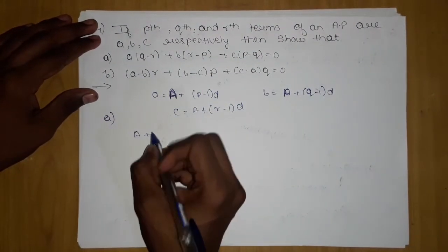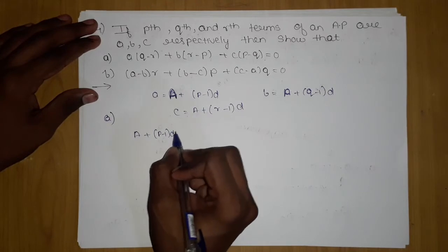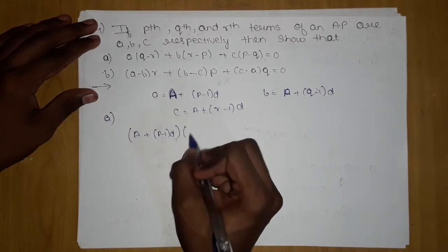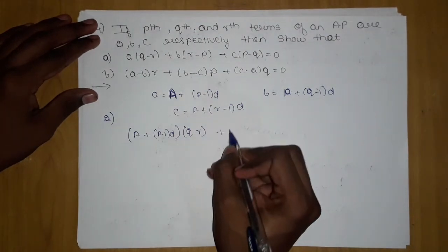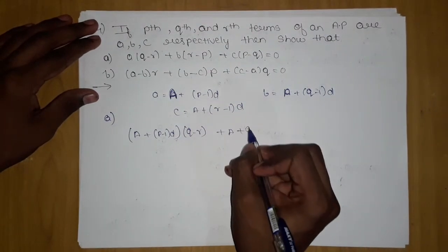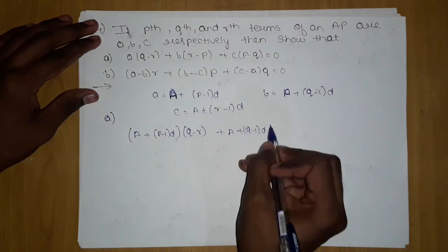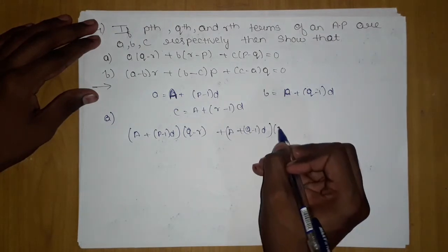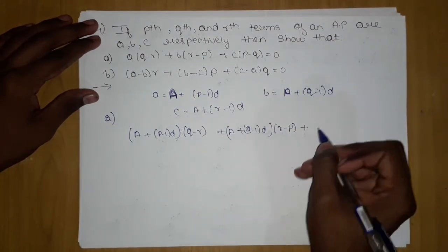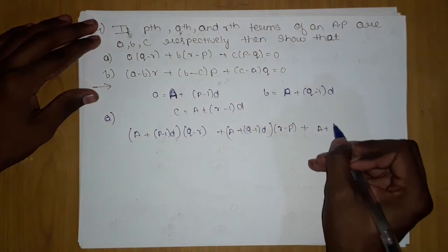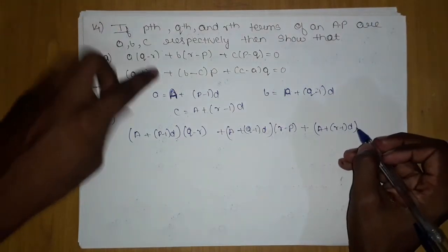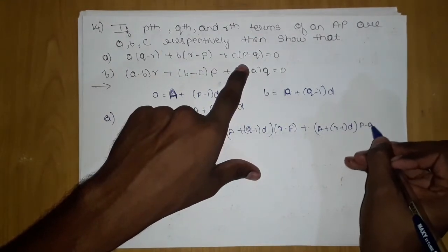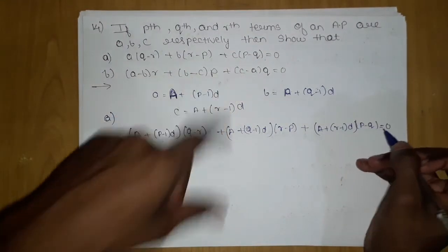A plus P minus 1 into D, into Q minus R. Similarly, put the values here: A plus Q minus 1 into D into R minus P, plus A plus R minus 1 into D into P minus Q, is equal to 0.